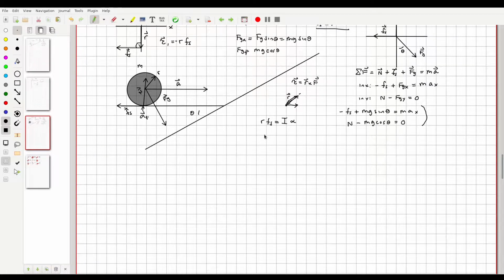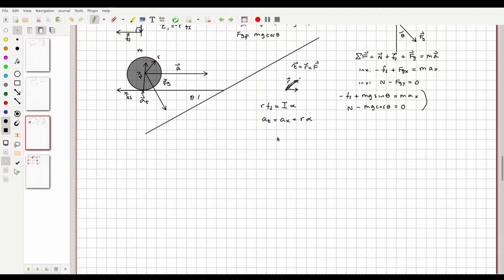Now, a tangential in magnitude, like I said, is the same as a sub x. It can be written as r times alpha, which means that we can rewrite alpha as a sub x over r. Okay?